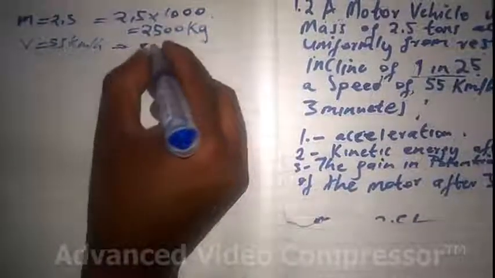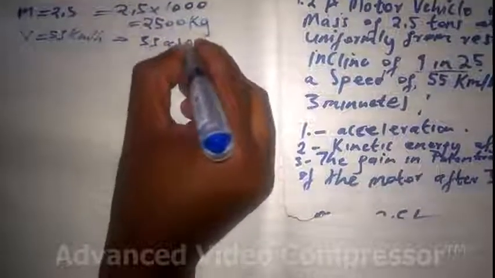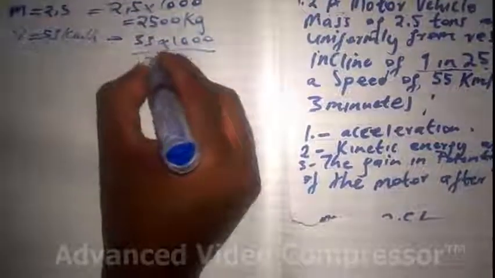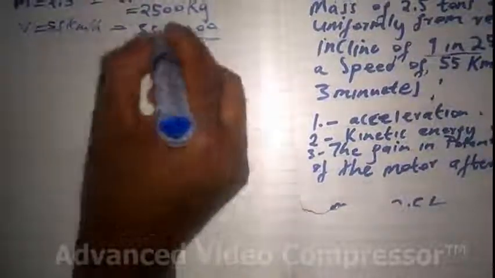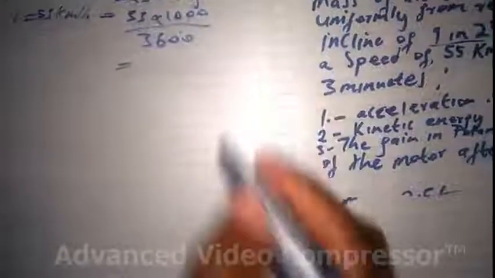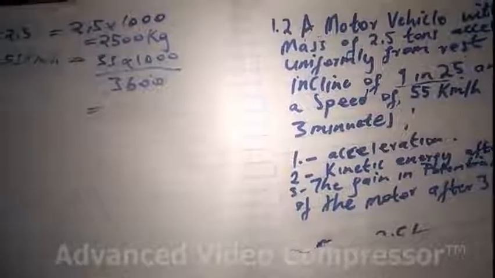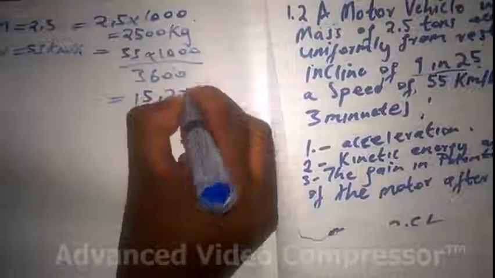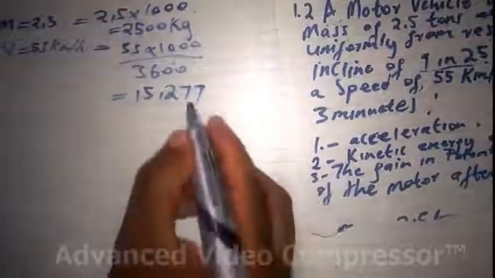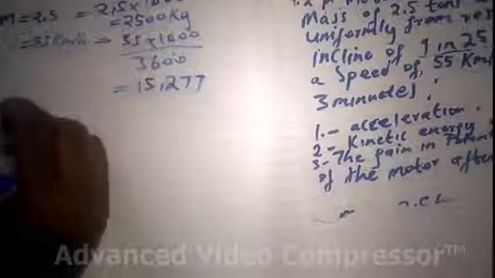To convert it to meters per second, you can say 55 multiplied by 1000 over 3600, and then punch the calculator, and my calculator is giving me 15.277.